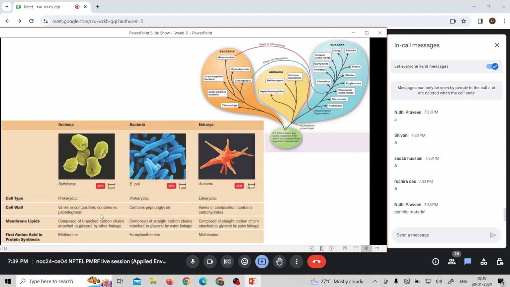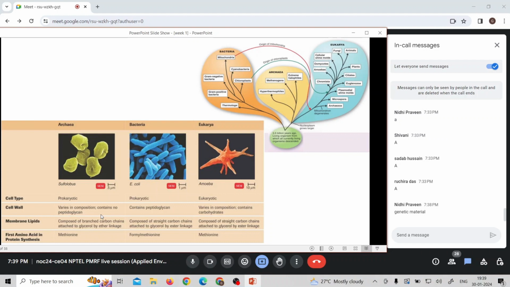One of the key differences, as discussed in the lecture also, is the variation in their cell wall composition. The archaeal membrane does not contain any peptidoglycan. The bacterial membrane, on the other hand, contains peptidoglycan, and the eukaryotes have a varied composition in their cell wall. When you talk about microbiology, you are confined to amoeba, fungi, protozoa.